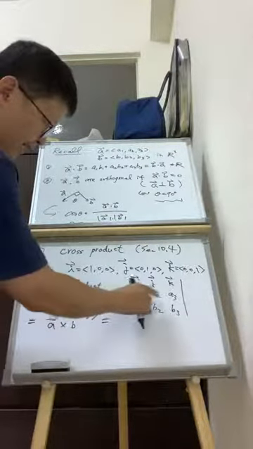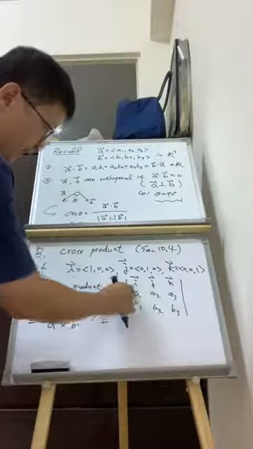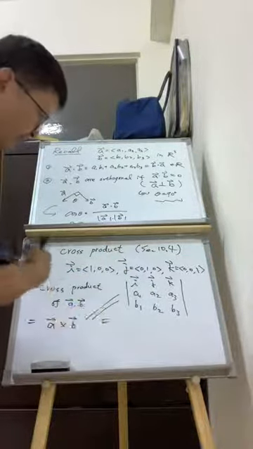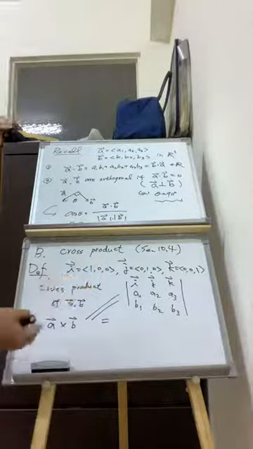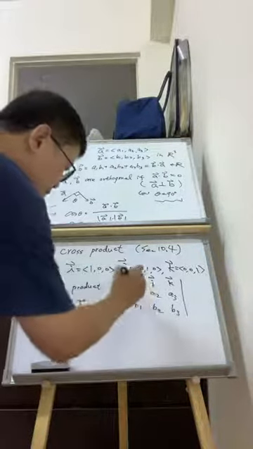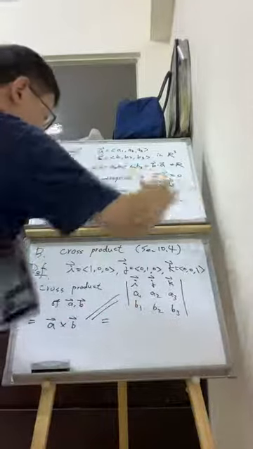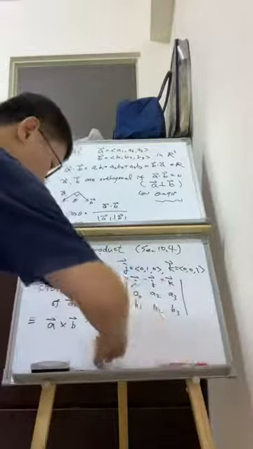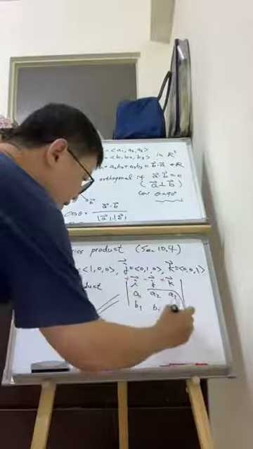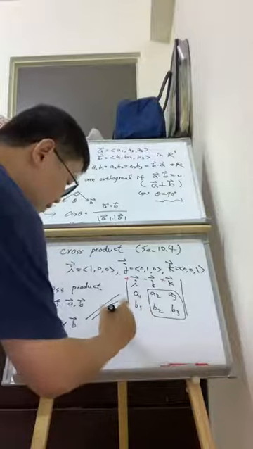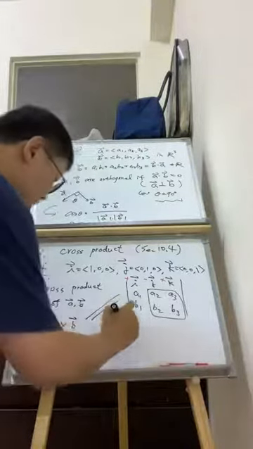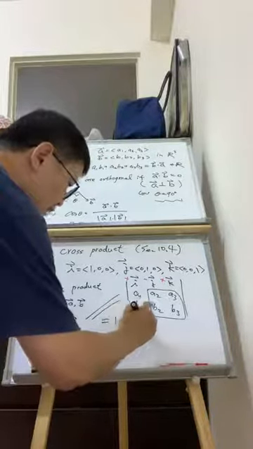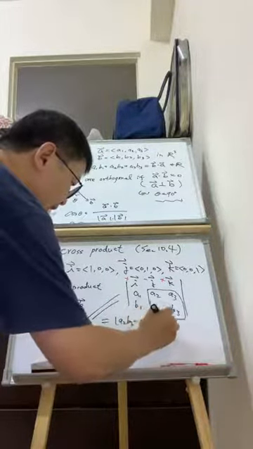The values A1, A2, A3, B1, B2, B3 are numbers, and i, j, k are vectors, but the operation is like the definition of a determinant. With the signs plus, negative, plus, the first term is the determinant A2 B3 minus A3 B2, times i.